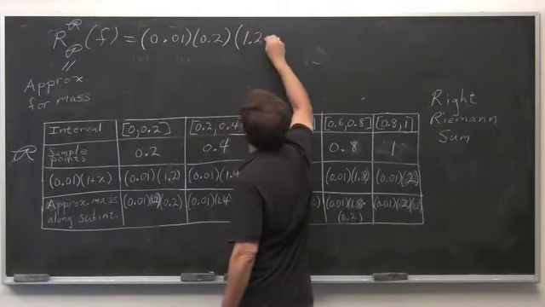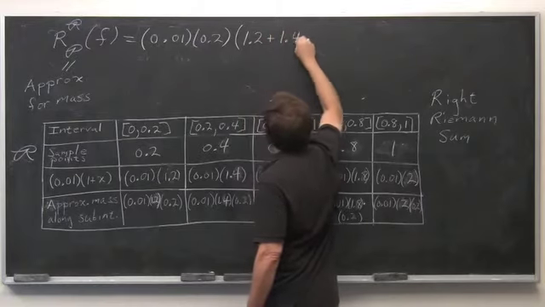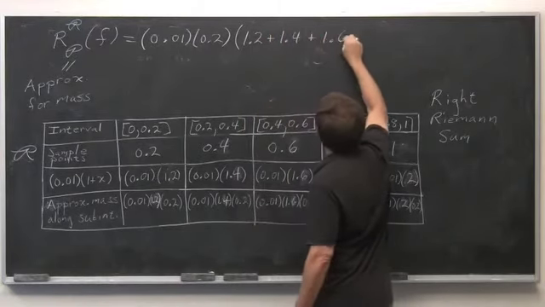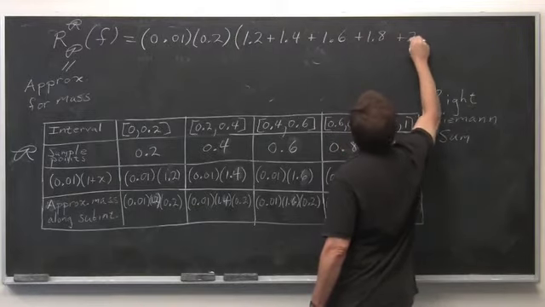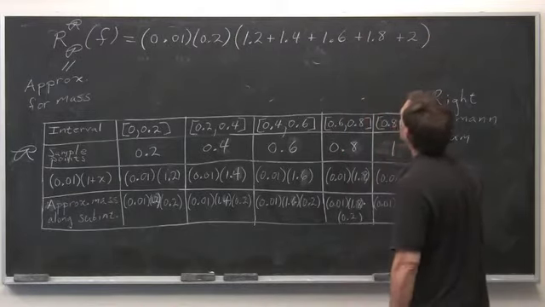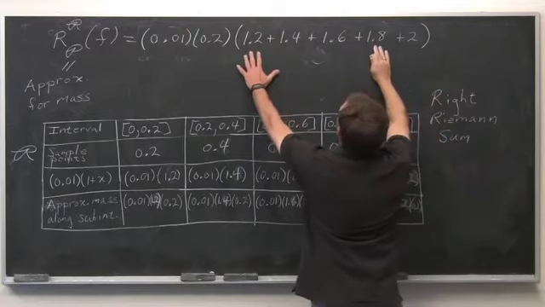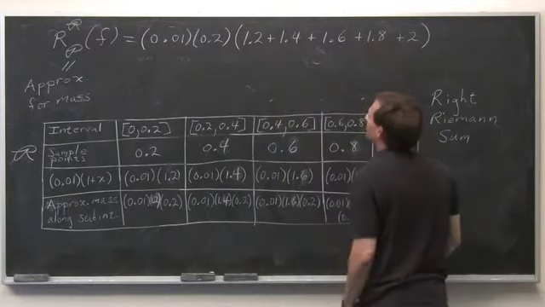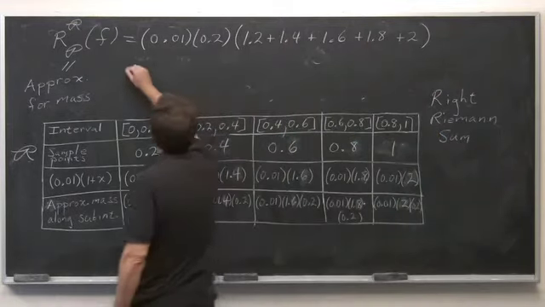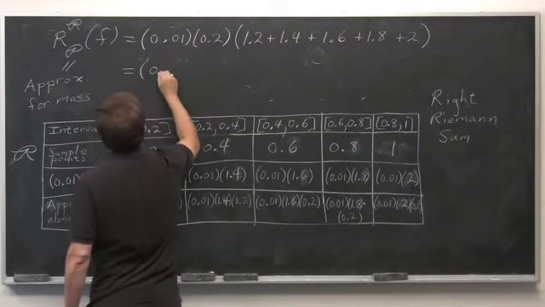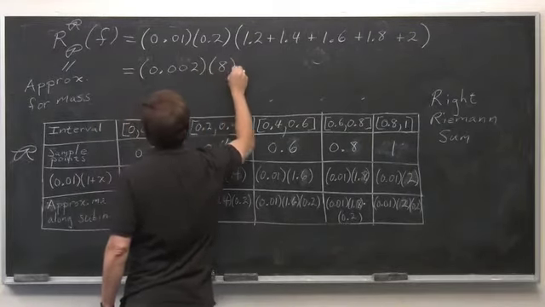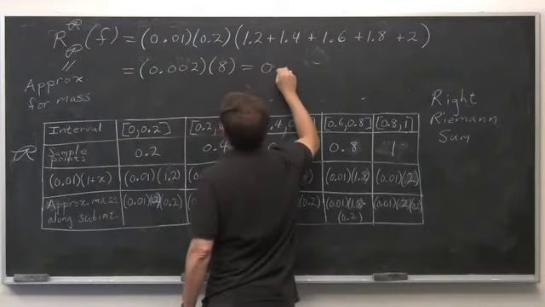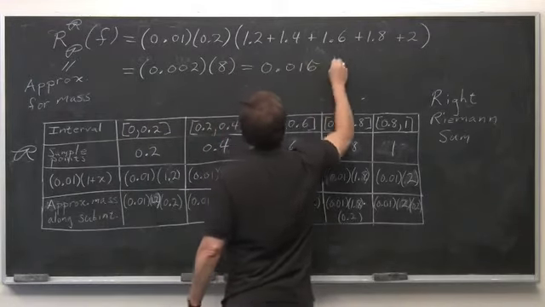Now the first one is 1.2, then 1.4, then 1.6, then 1.8, and then 2. So this is 3. This is 3 plus 2. This is now 8. So now we get 0.002 times 8, which is 0.016 kilograms.